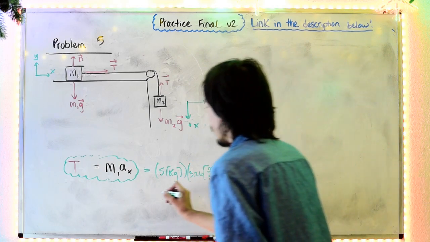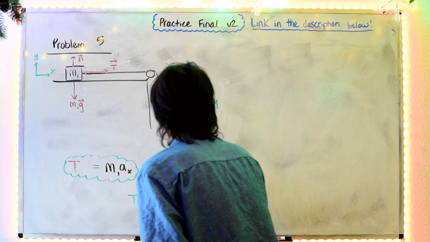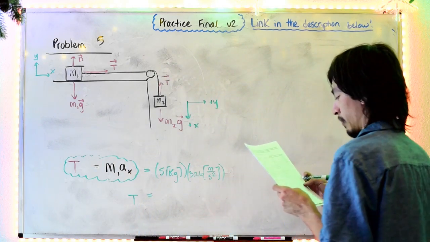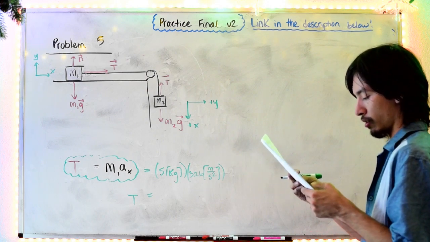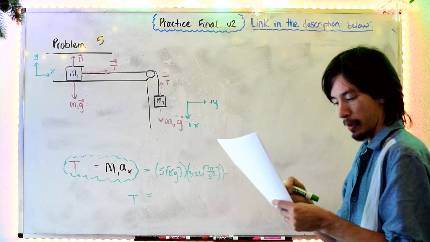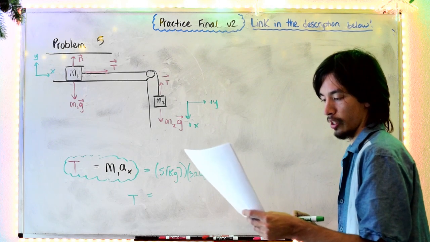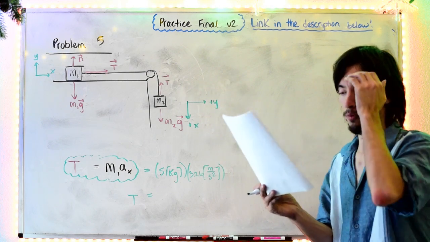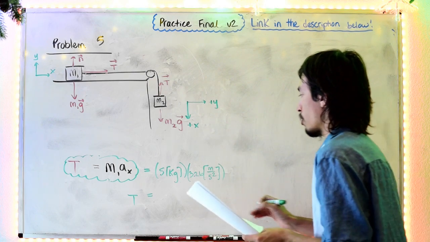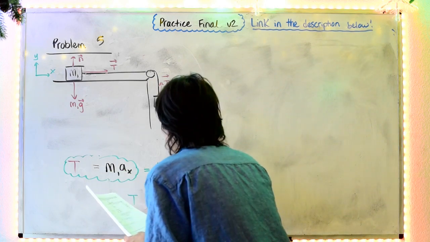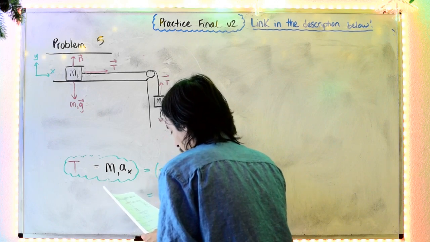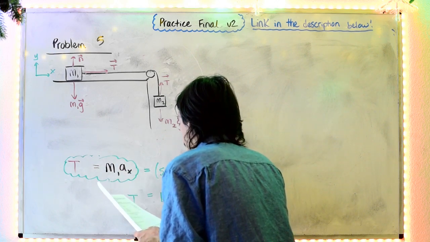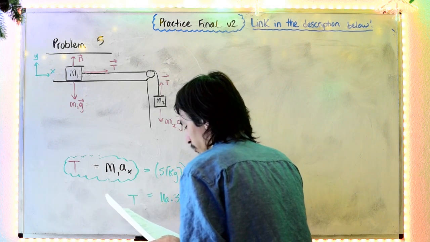So we plug in those values, and we get that the tension ends up being, and let's see, I believe I made one mistake in the solution because I'd accidentally plugged in 2.5, which is actually strangely enough what I did in the other solution. So if you put this together, you should get 16 point, that's going to round to 3, I think, newtons.